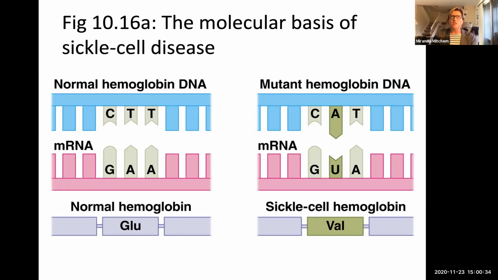So we do have different types of mutations, and not all of them are as risky as others, depending upon where in the codon or where in the DNA molecule associated with the codon that mutation occurs. If we're talking about a mutation in the DNA, that's permanent.